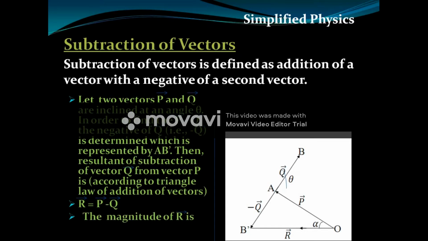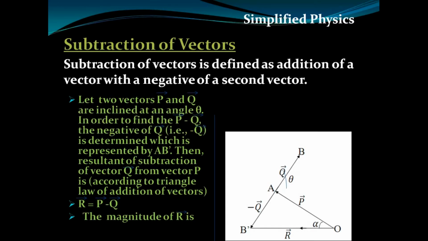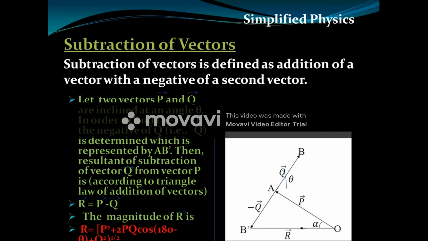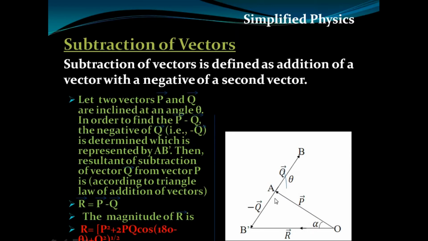And what about the magnitude of the resultant vector r? Once again using the triangle law of addition of vectors, the magnitude of r equals the square root of p square plus 2pq cos (180 minus theta) plus q square. Why 180 minus theta? We have to choose the angle between p and minus q, not the angle between p and q.